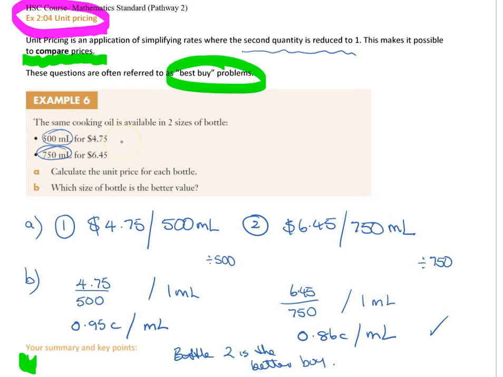If all you've got is $5, then obviously you can't buy the better purchase. You'd have to go with $4.75. I think you're ready then to work through exercise 204.